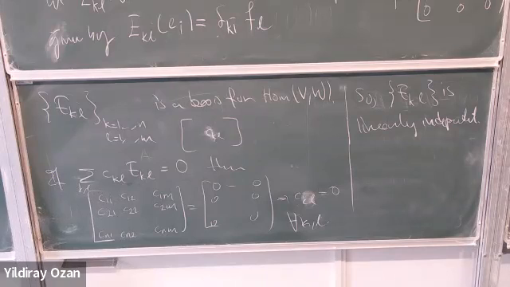So spans on W. Neden? Bir örnek yapayım. Let's just write down an example. Diyelim ki bir tane matris alıyorum. Linear map alıyorum.